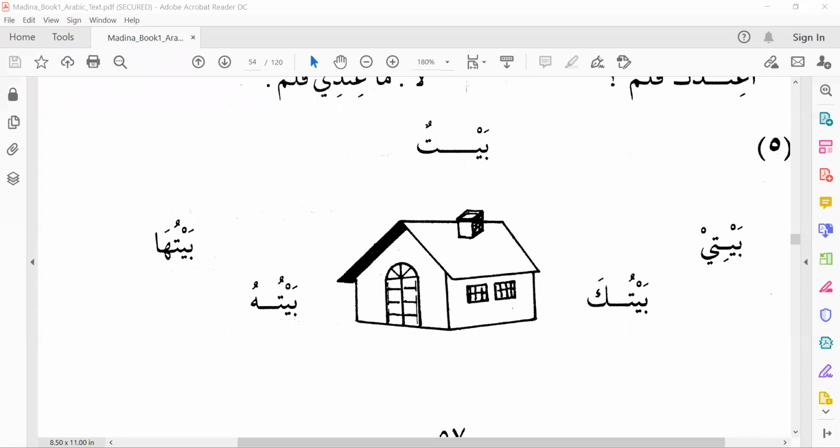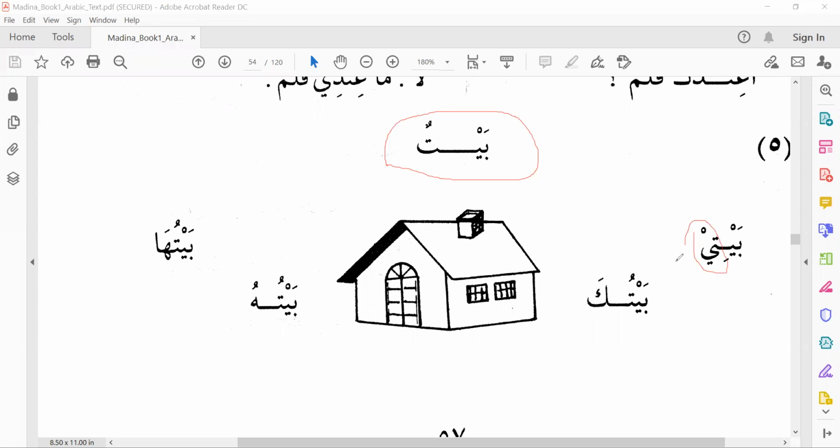Last week we learned until exercise 5 in lesson 10, correct? In exercise 5 we learned how to merge the pronouns.